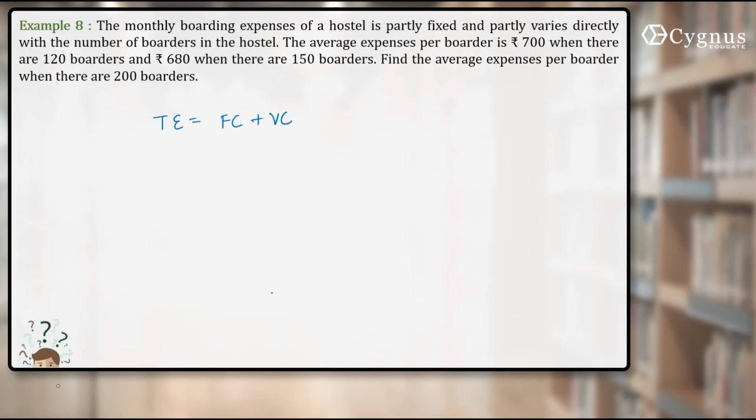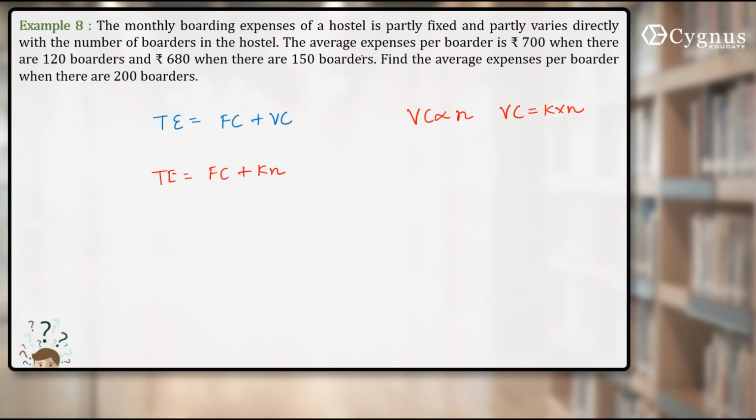So how do we write it? This variable charge will be directly proportional to the number of boarders. That's why variable charges can be written as k into n. Fine. Now let's look at this equation. Total expenses is equal to fixed charges plus k times n. Now what are the total expenses here?